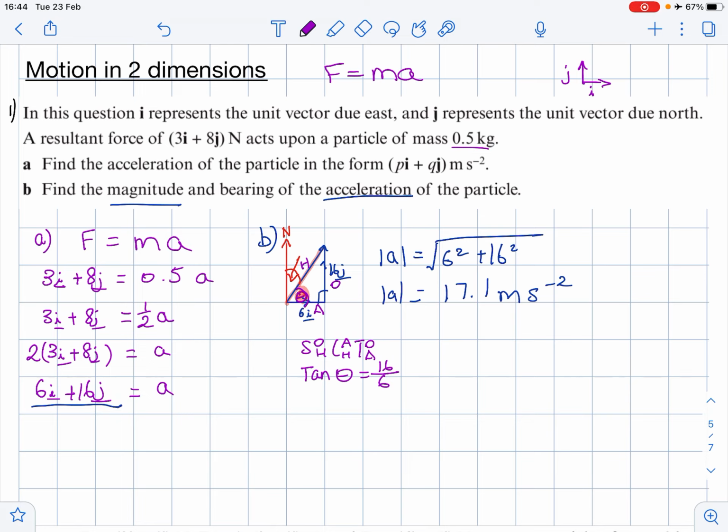So theta equals tan minus 1 of 16 over 6. Type into your calculator, and you should get that theta is equal to 69.4 degrees.